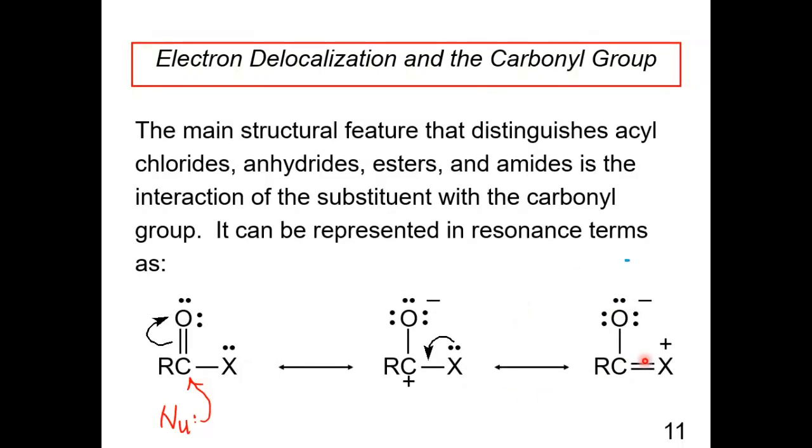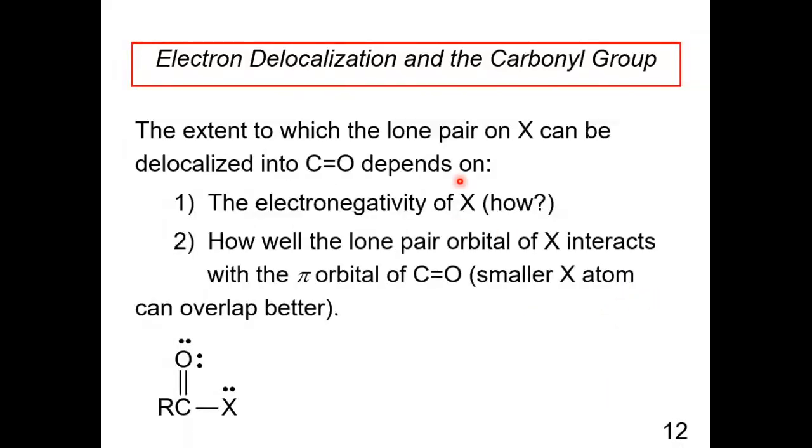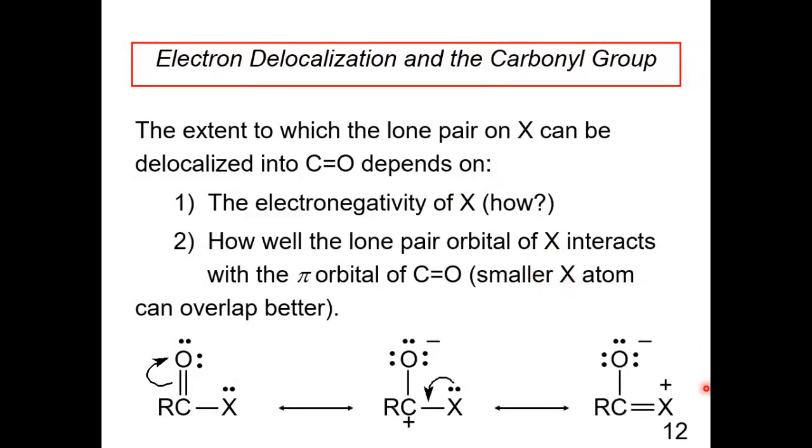And then, how do we qualitatively assess how much contribution this form makes? Obviously, in this form, the lone pair from the heteroatom is given to the carbonyl group.